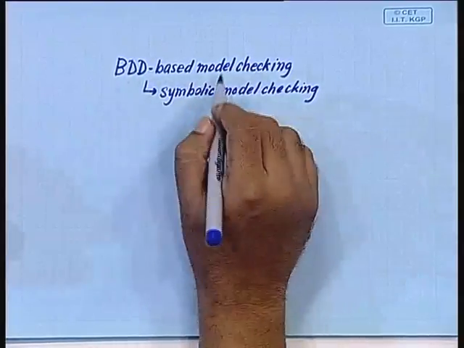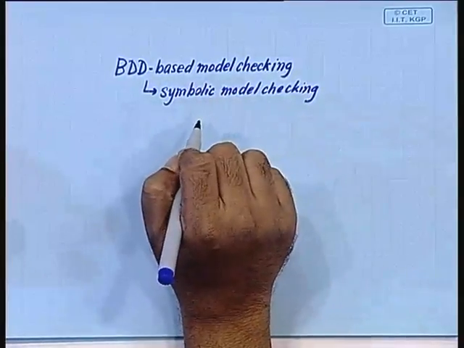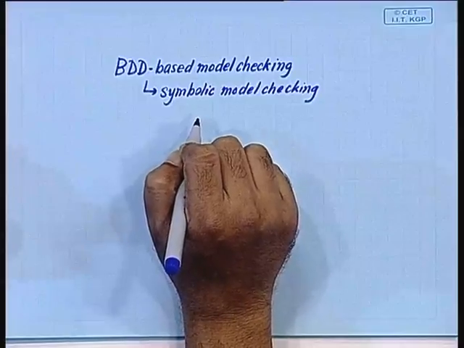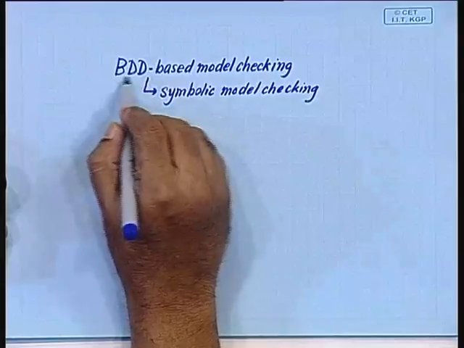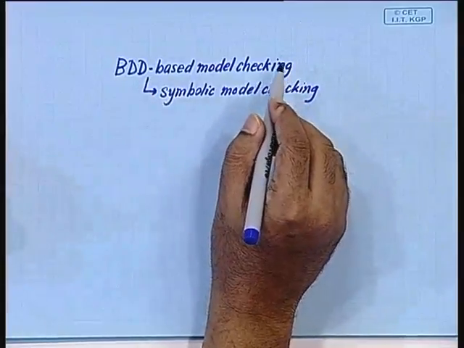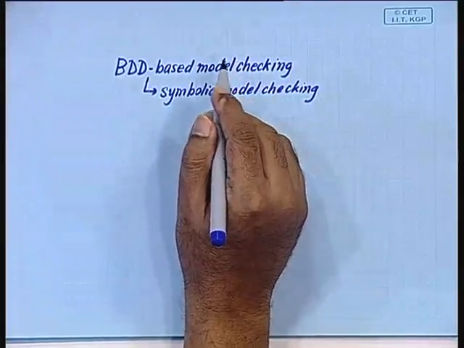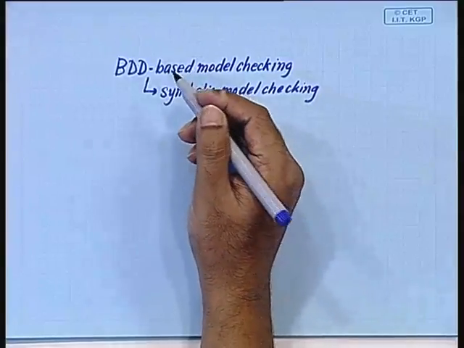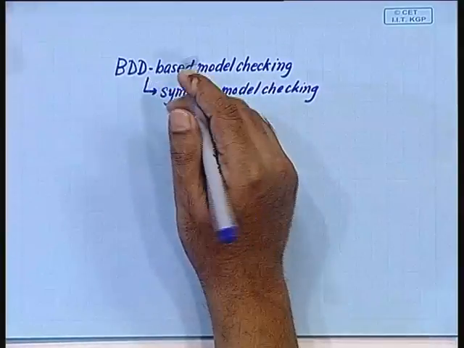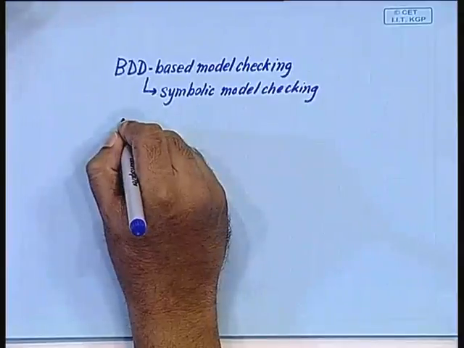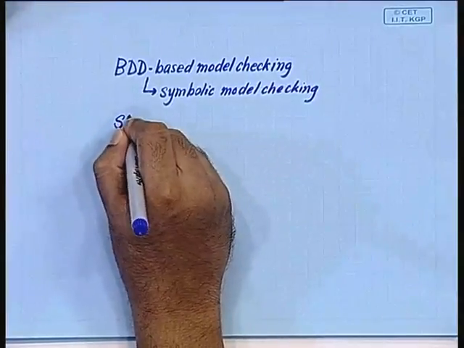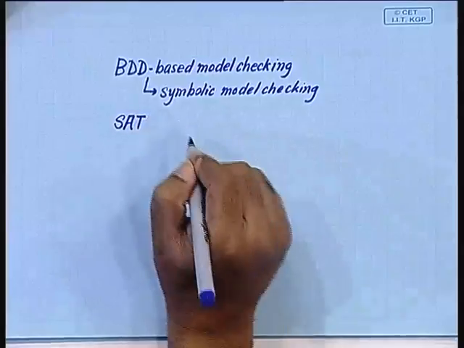So, BDT based model checking is one of the symbolic model checking approaches, but in the original papers in which the BDT based model checking algorithms were presented for the first time, they referred to the technique as symbolic model checking, and that is why people colloquially started referring to BDT based model checking as symbolic model checking, right. But thereafter we will go through this in a little bit of detail.